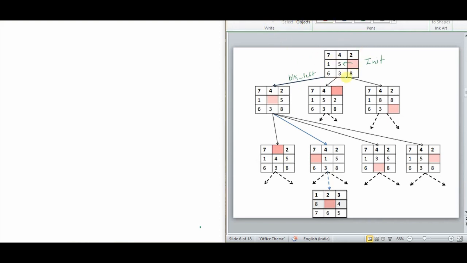The other possibility is that this blank tile can also be moved one position up. When you move one position up, you get this configuration where 2 has come down and the blank tile has gone up. So this is the state where you reach.